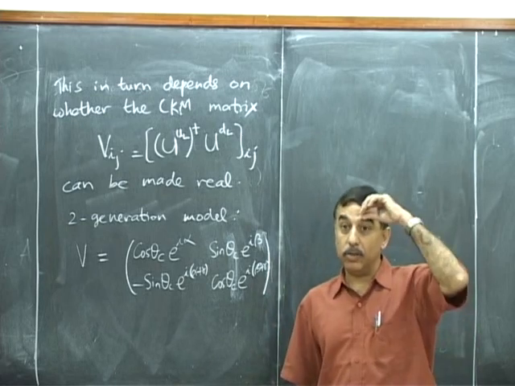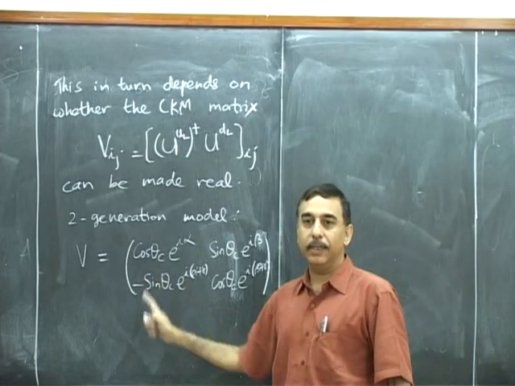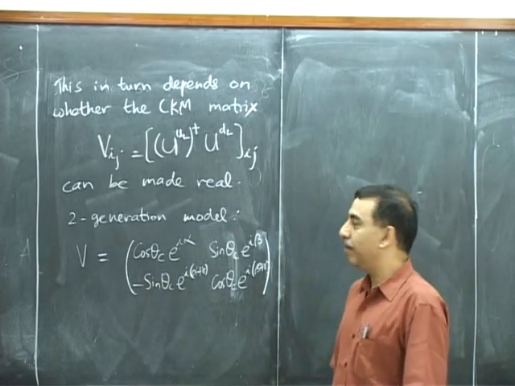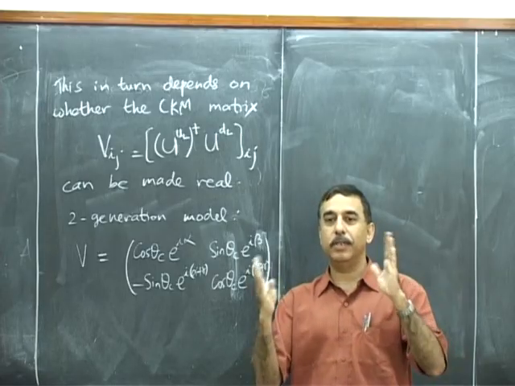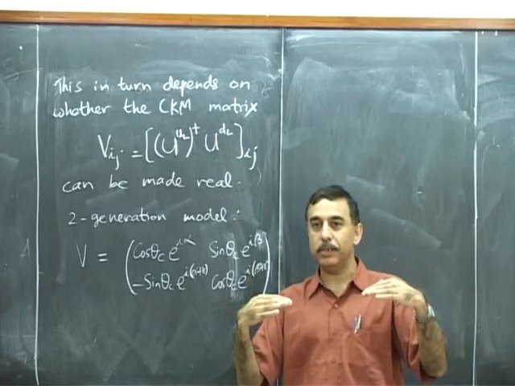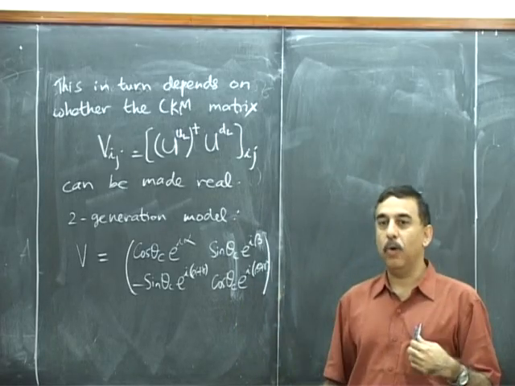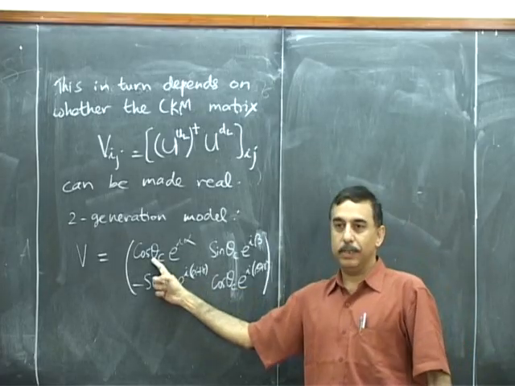Okay. Physically also, this is very appealing because theta being a single real angle will actually give me the mixing between the first and second generation. We already saw that mixing is just a rotation between two things, and it can always be brought to a rotation of the lower components. Okay. So between the down and the strange quark, there will be mixing parameterized by theta c.